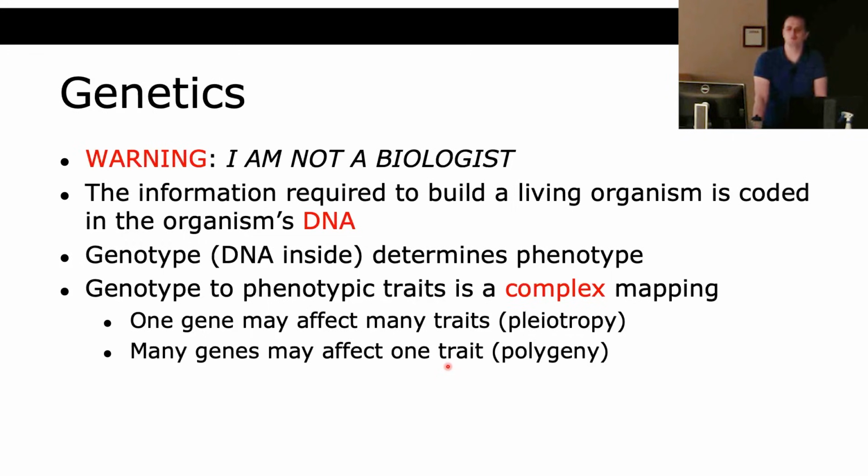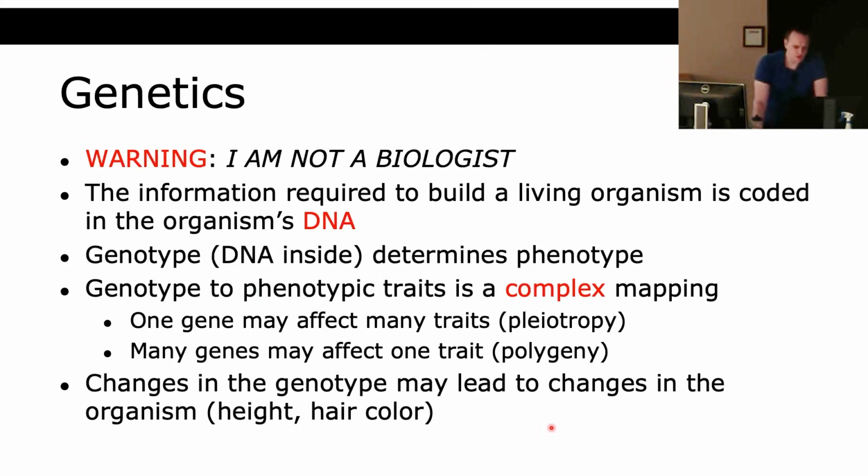It could affect a bunch of different things, and the effects of changing those things are very complex. Changes in the genotype may lead to changes in the organism, but they may not, right? There are some bits that you can change in your source code that may not have any actual effect on the running of the algorithm, but there are some that will.